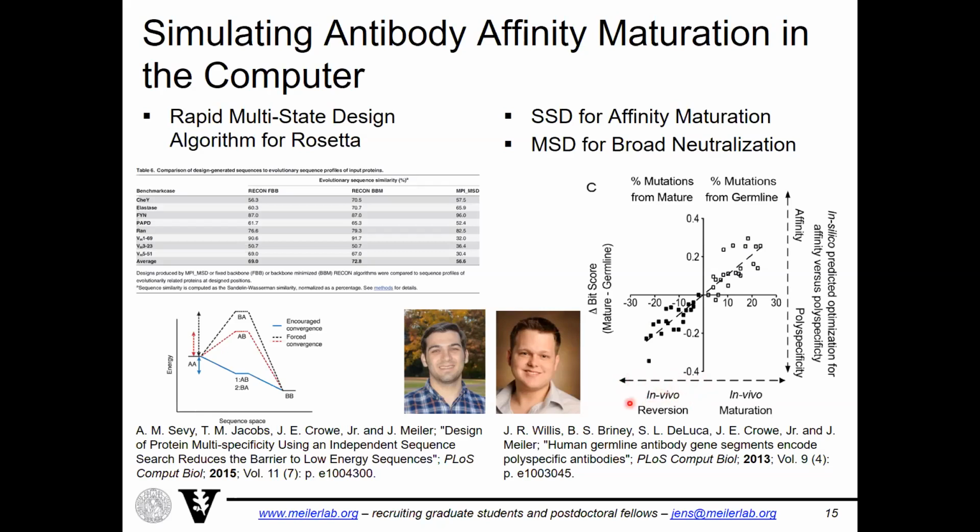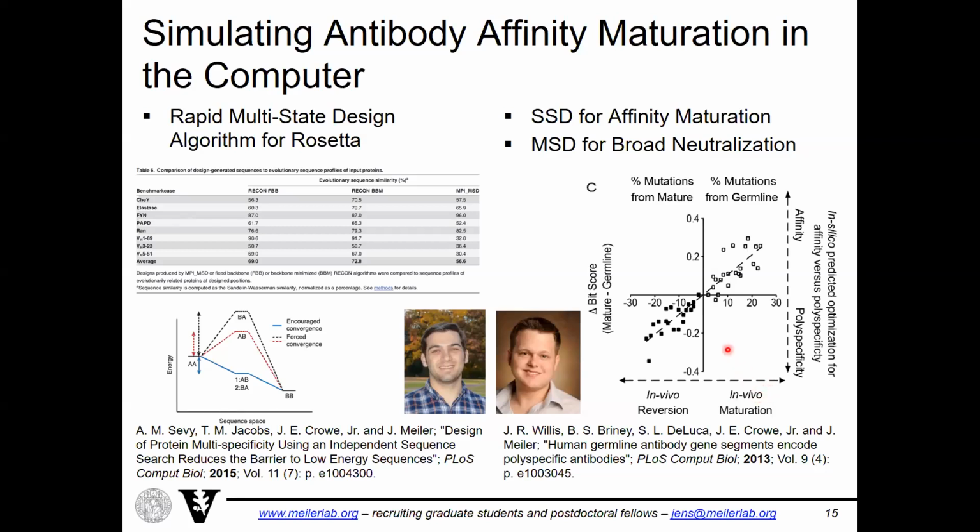So it's an in vivo reversion of the sequence towards germline that goes along with our request to engineer a polyspecific antibody that recognizes all targets. And if we do the reverse experiment, if we run a single state design to improve the affinity, we get, not surprisingly, a sequence that's very similar to the sequence observed in the mature antibody.